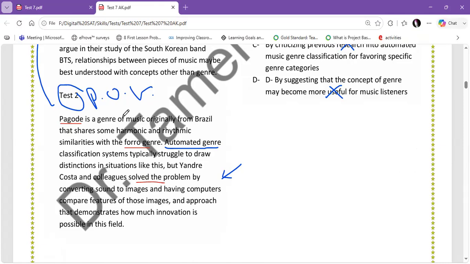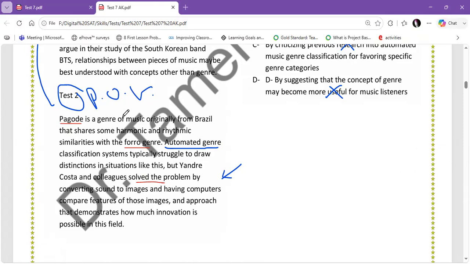Automated genre classification systems typically struggle to draw distinctions in situations like this. Do you know the people who are singing right now and start making sound with the computer? So the automated genre systems have a problem classifying or finding the differences between any two musical genres like this.